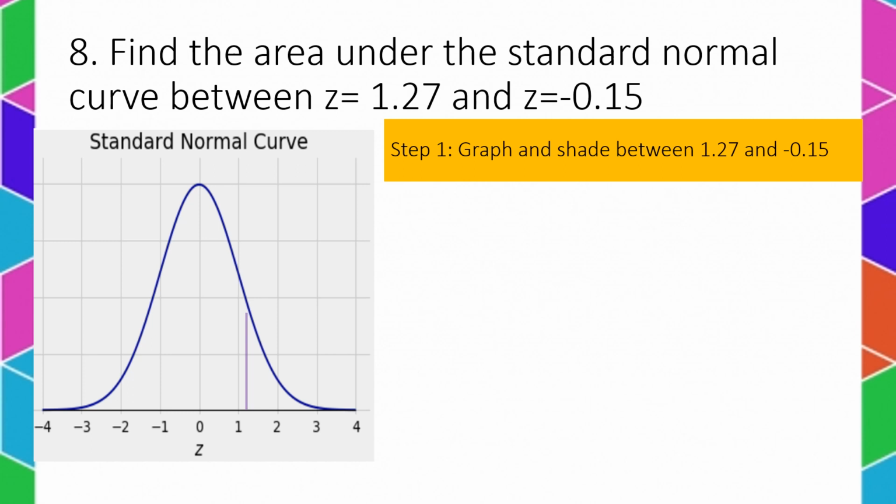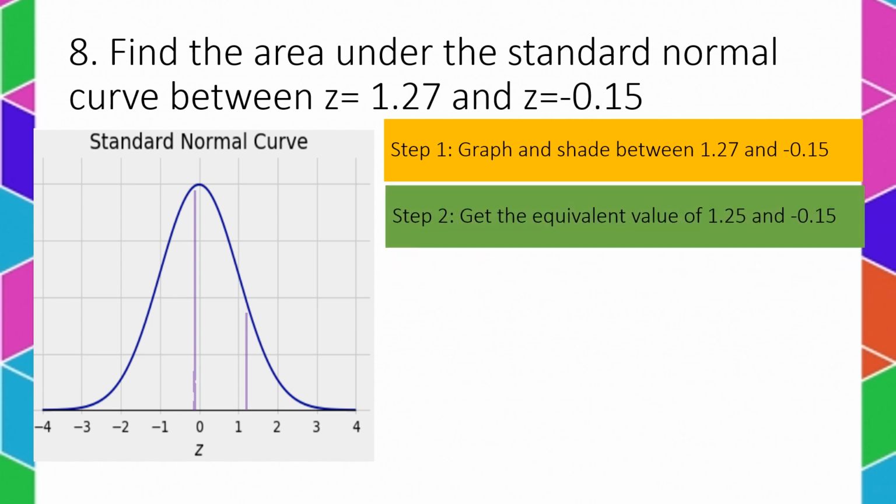Okay, and negative 0.15. That is lagpas lang ng konti sa kaliwa ng 0, since it is negative. Boundary. Okay? And then, in between them, sa gitna niya, yun yung ating nahanap na graph. Okay? So, from negative 0.15 to positive 1.27.